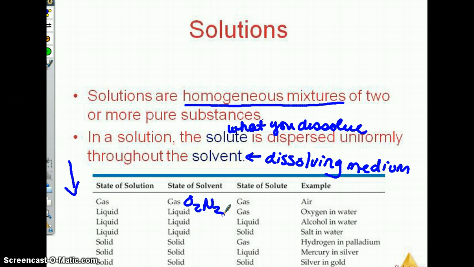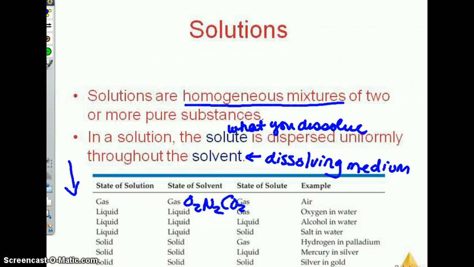Oxygen, nitrogen, a tiny bit of CO2, and possibly a little bit of noble gases like xenon. That's a mixture of gases, and the state of the solution would be a gas. So we would consider air to be a solution. It's a homogeneous mixture.